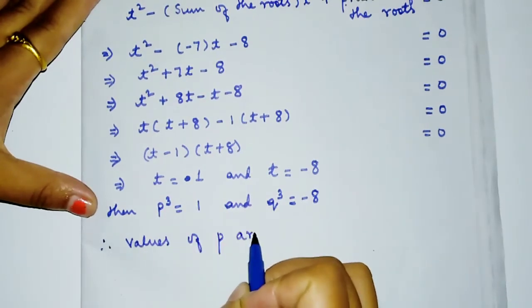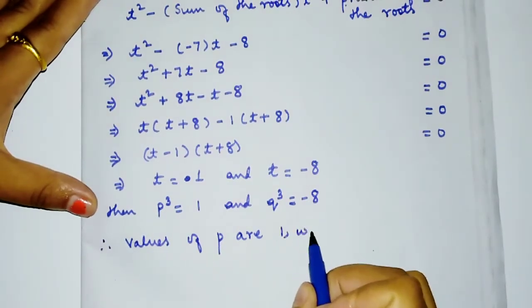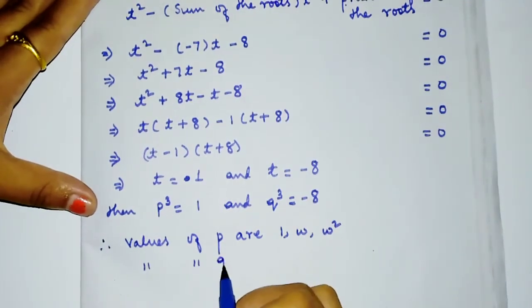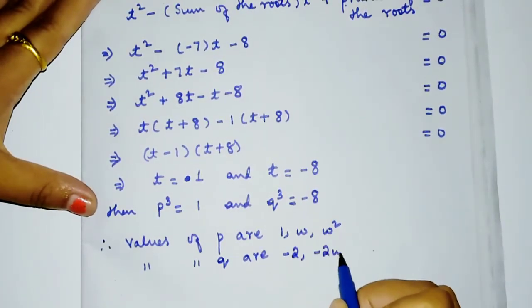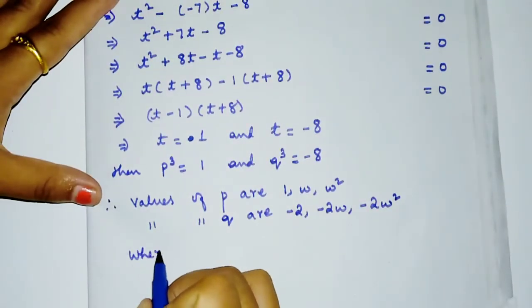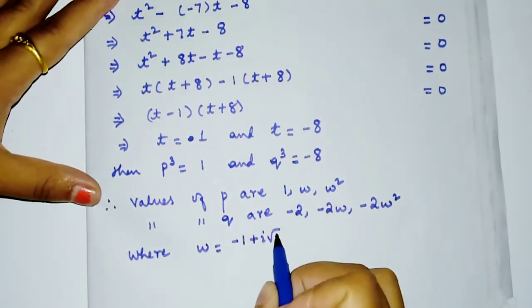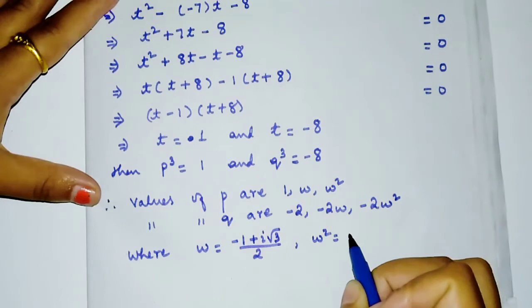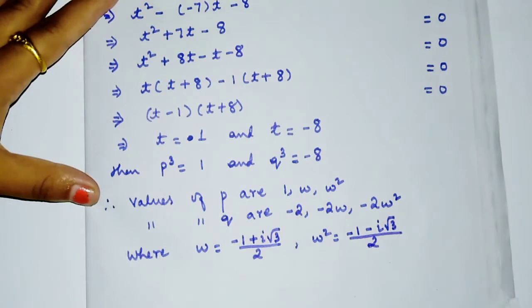Then the values of p are what? The cube roots of 1 are 1, omega and omega square. And then those of q are what? Minus 2, minus 2 omega and minus 2 omega square, where omega is equal to (minus 1 plus i root 3) by 2 and omega square is equal to (minus 1 minus i root 3) by 2.